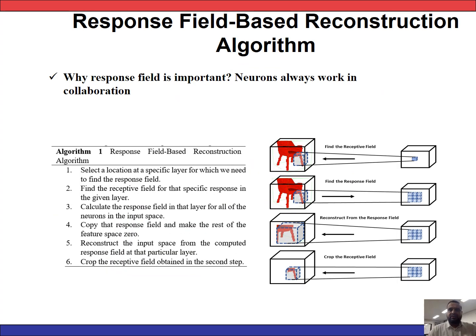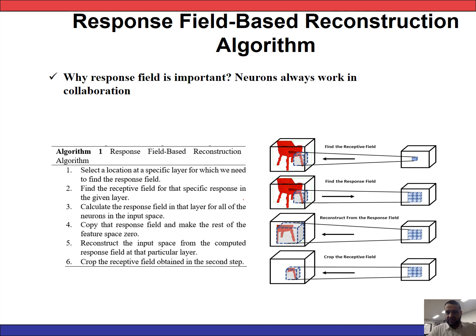Now I will talk about the response field-based reconstruction algorithm, and why we use it. Basically, in the convolutional neural network, the convolution operation uses a sliding window on the input image.